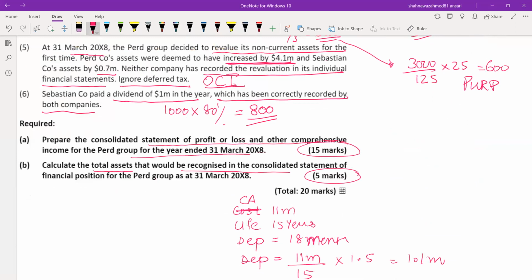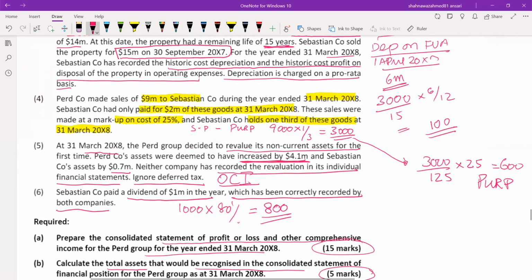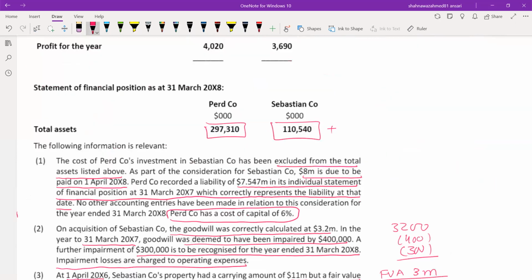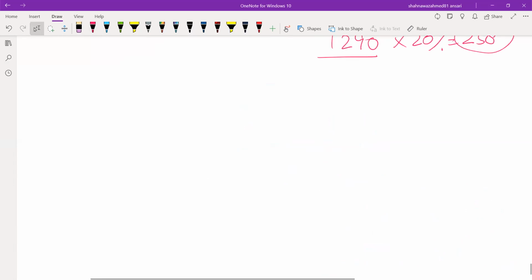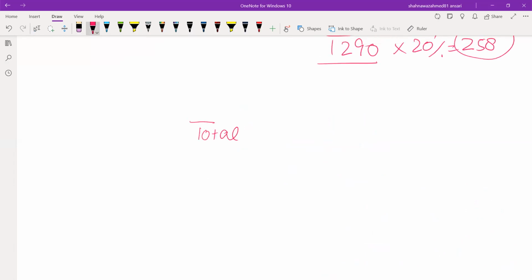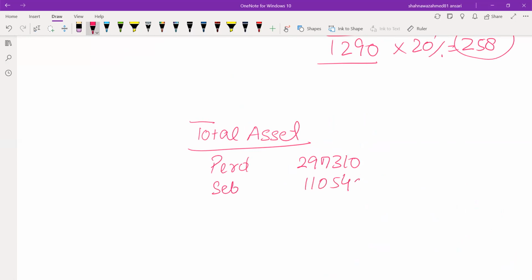Next requirement is calculate the total assets that would be recognized in the consolidated SOFP. These are the total assets given, 297 and 110. So we have to combine total assets. First one is parent plus subsidiary, 297,310, and it's subsidiary. Then the additional assets, goodwill, 3,200, total impairment, 700.